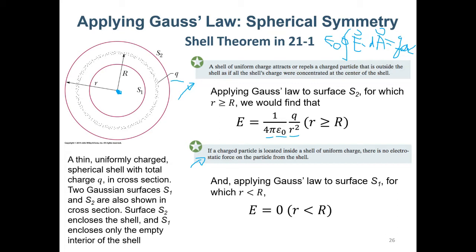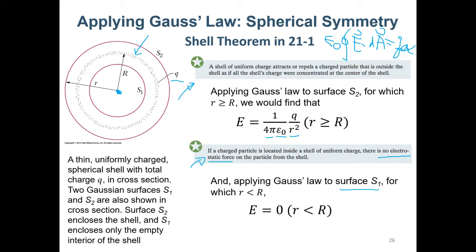So suppose a charge is located inside the shell. There will be no electrostatic force on the particle from the shell, because here we apply Gauss's law to the surface S1, which has a smaller radius than the shell.